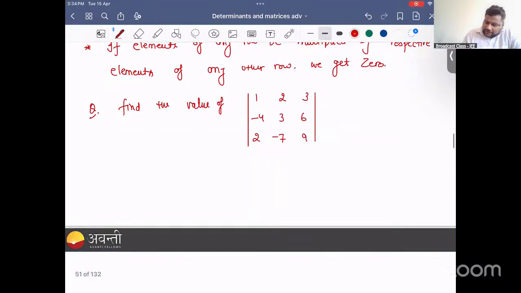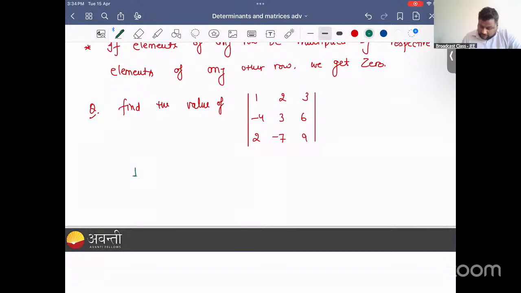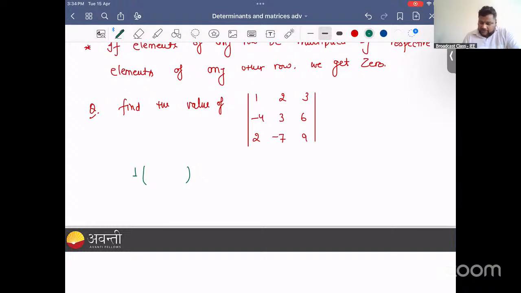See, if I expand along the first row, sir, 183. Sorry? 183. No. Anybody else? Sir, 69. No. No, Srinidhi, not 99. It is one time.